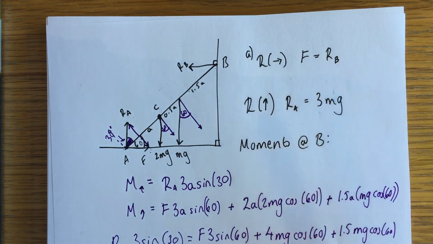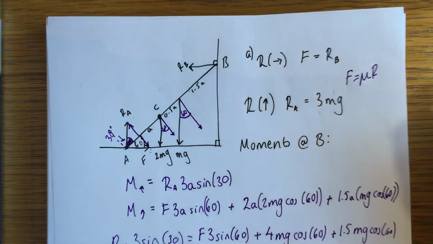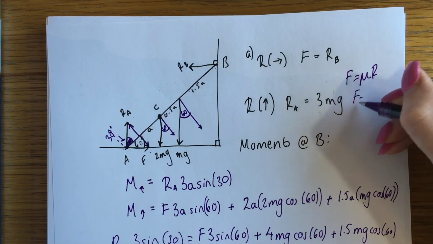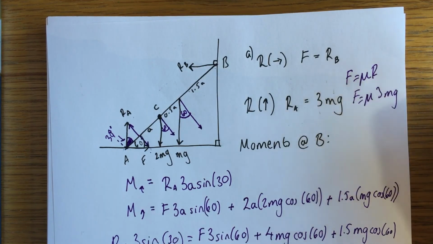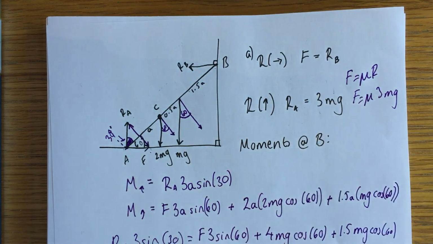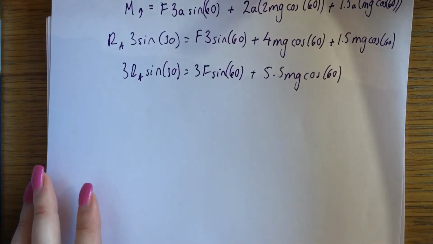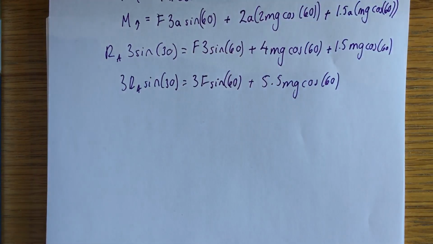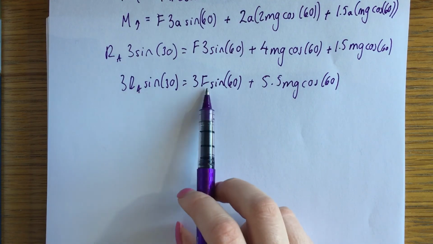What I do know is friction is mu R. So friction must be equal to mu times 3mg. So that I can substitute in, and then I can work out the coefficient of friction. So I'm going to substitute in these 2 values for the normal reaction at A and for friction.